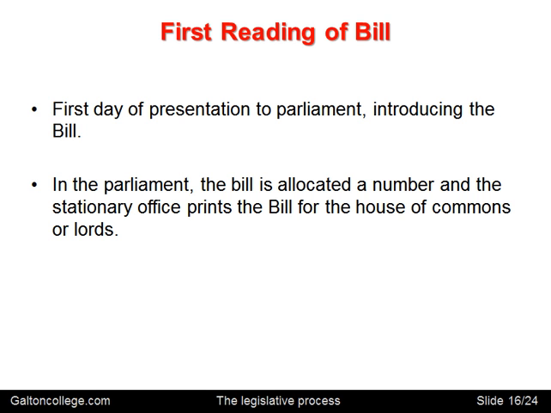In Parliament, the bill is allocated a number, and the Stationery Office prints the bill for the House of Commons or the Lords. So the bill is printed, and members of the House of Commons get a copy. It's given a number, which is where it's filed in the system, and now it's been presented.